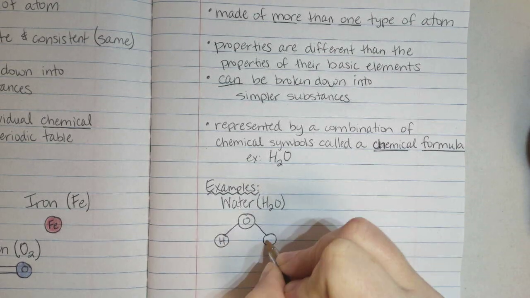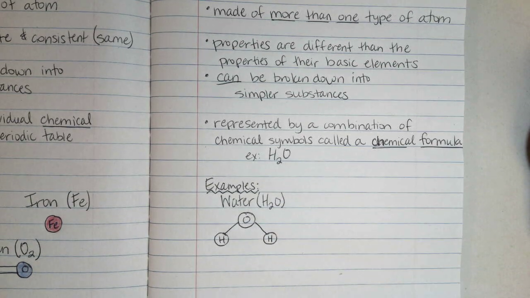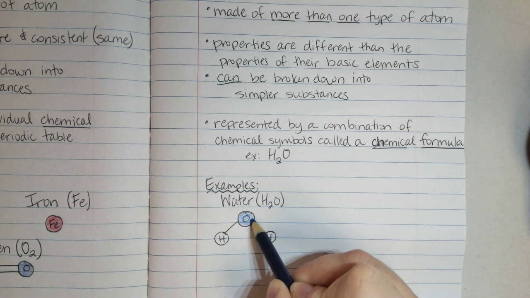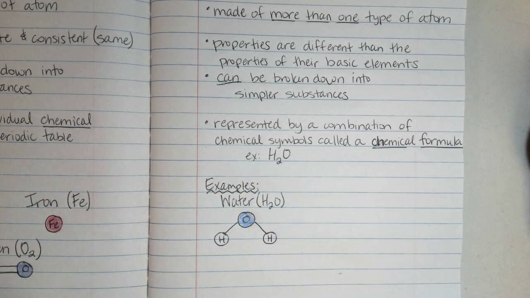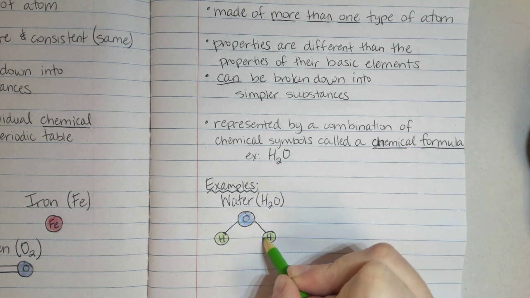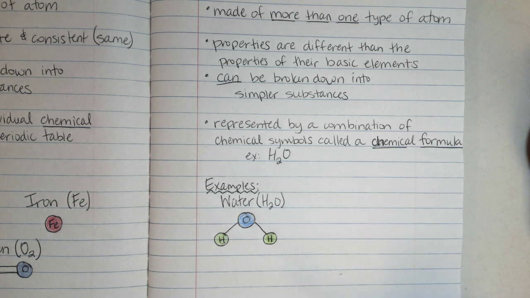These are going to be labeled with an H. I'm going to stick with the same colors we used on the page before. I'm going to color the O in blue, and I'm going to color the H with green. Using color in our models really helps us see that we have two different types of atoms. We have hydrogen combined with oxygen, and that's what makes it a compound. That was the first thing that we wrote down, that a compound is more than one type of atom.